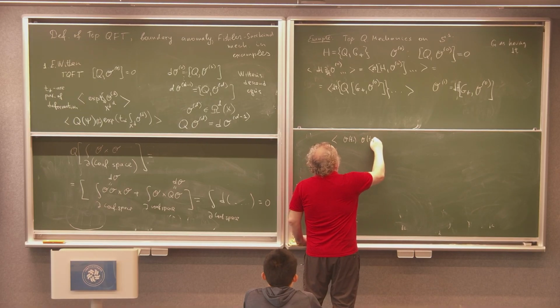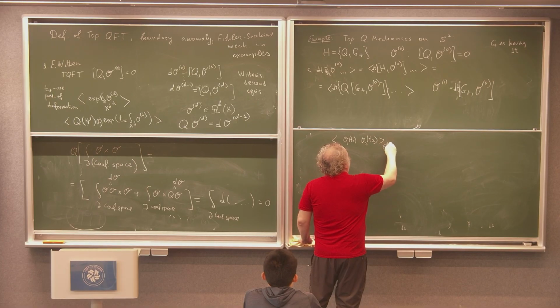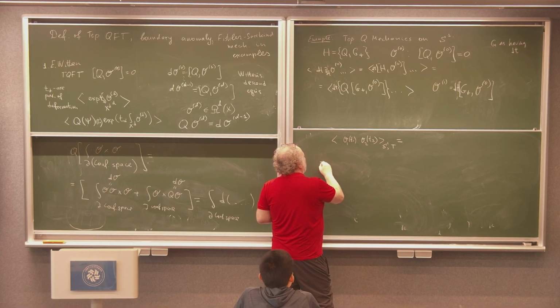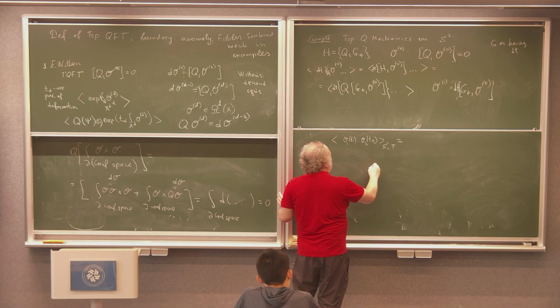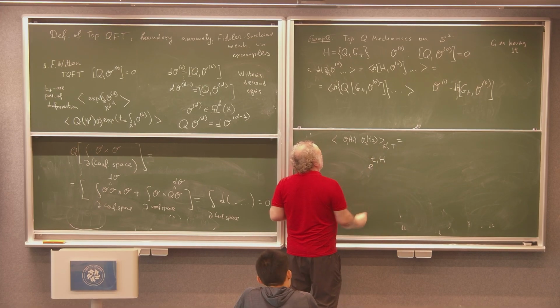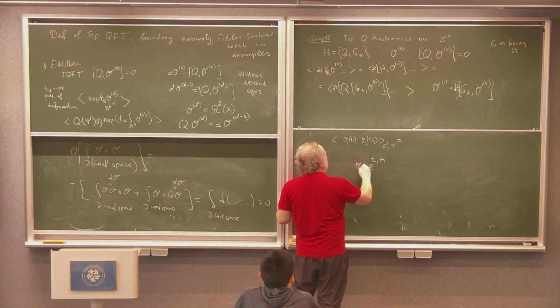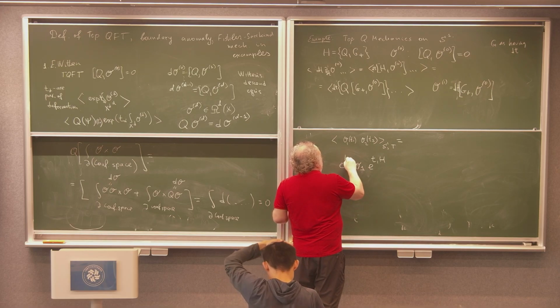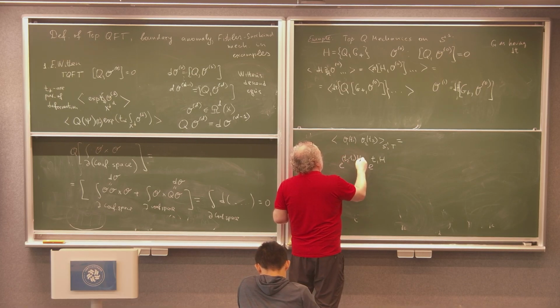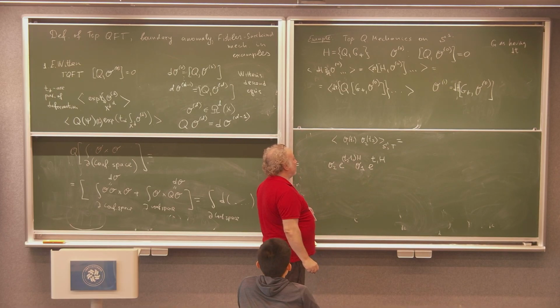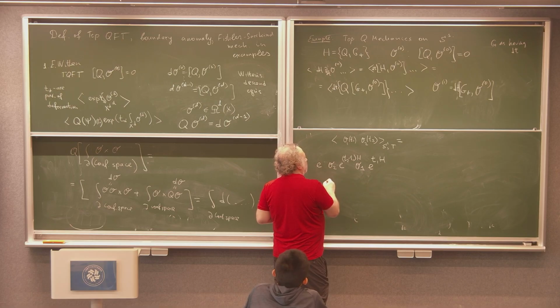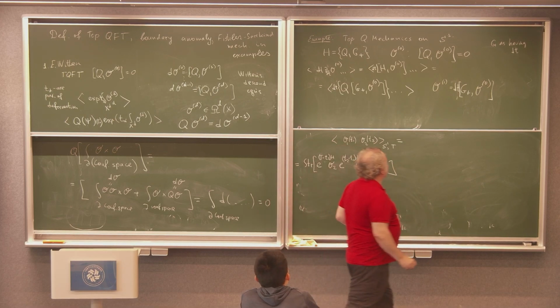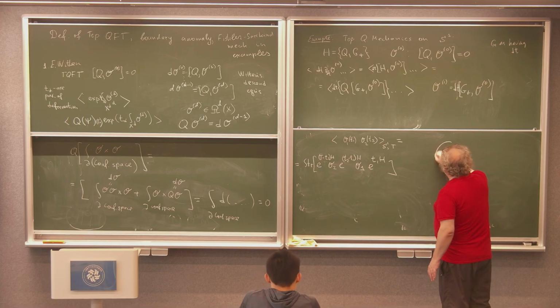The correlator of O of t1, O of t2 on the time t equals, you start with 0, then you evolve with the Hamiltonian H. So this is the definition of the correlator in quantum mechanics.